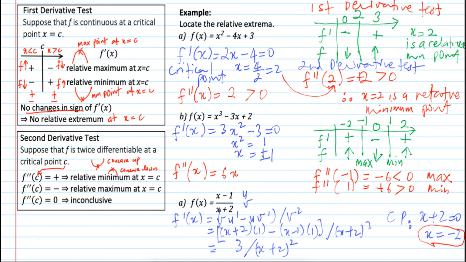If we substitute minus 2 here, the function does not exist. It means that f is not continuous at x equal to minus 2. Hence, no relative extremum exists.